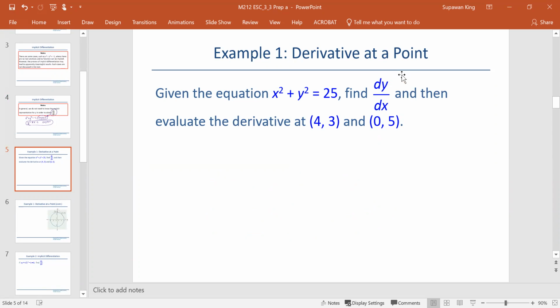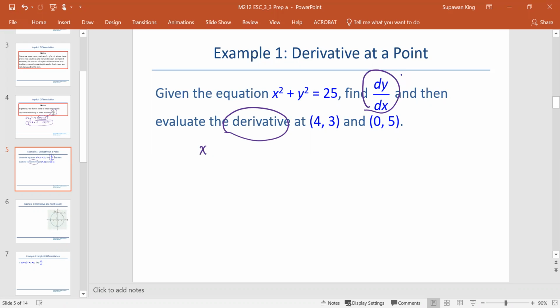Example 1. Given the equation x squared plus y squared equals 25, find dy by dx and then evaluate the derivative at the point (4, 3) and the point (0, 5). We are going to find the derivative, dy by dx.